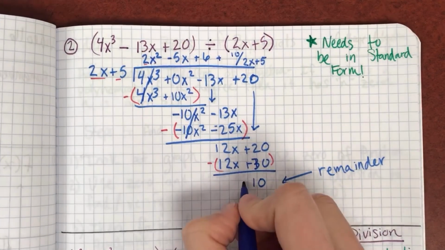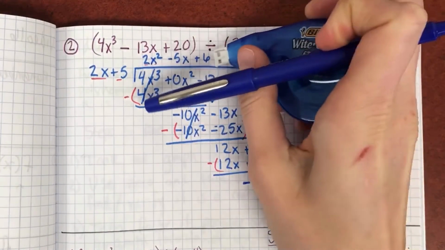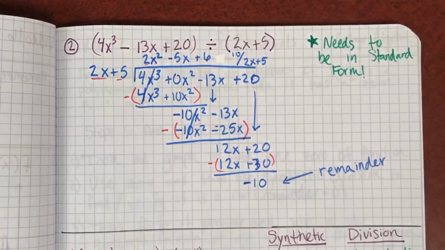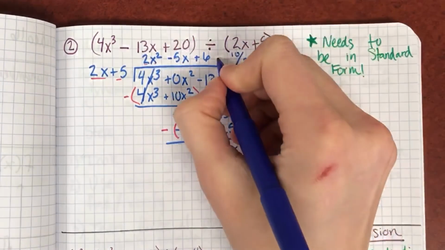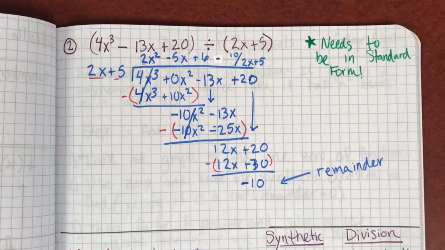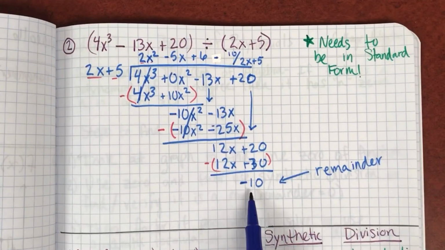Oh, I'm sorry, that is a minus. So that will be a minus 10 over 2x plus 5. All right, so that's the biggest thing. Something is a factor if the remainder is 0.